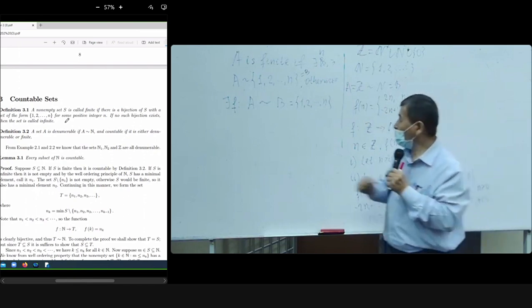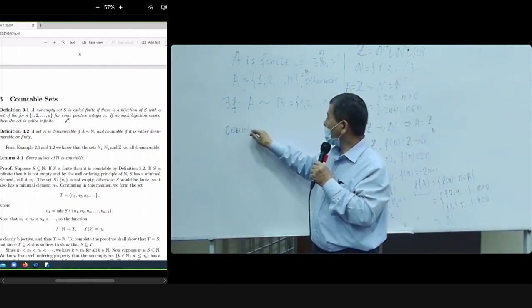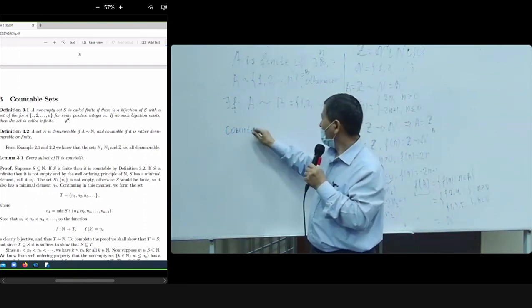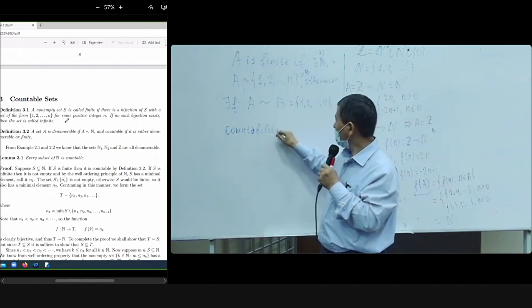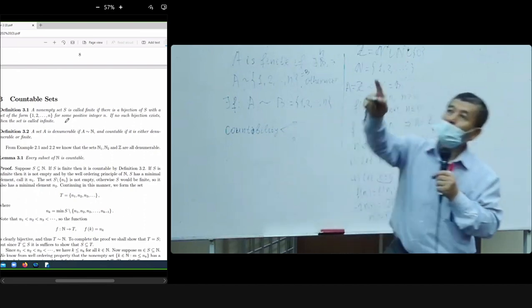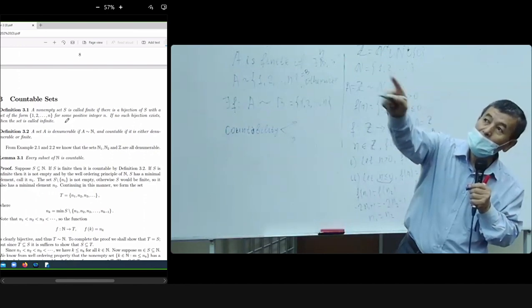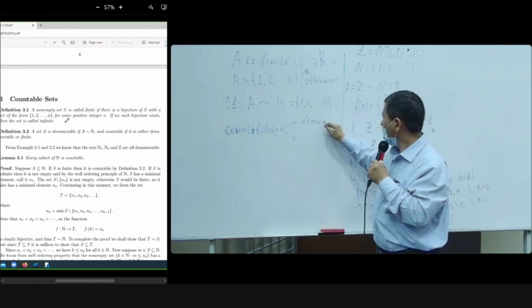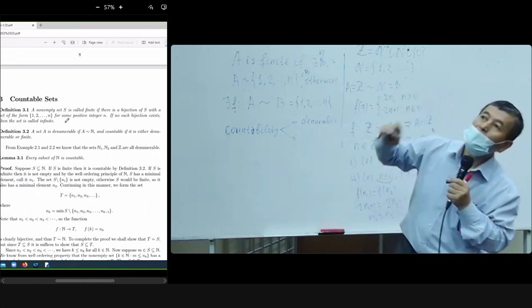So countability divides into two: please pay attention, it is either denumerable or finite.